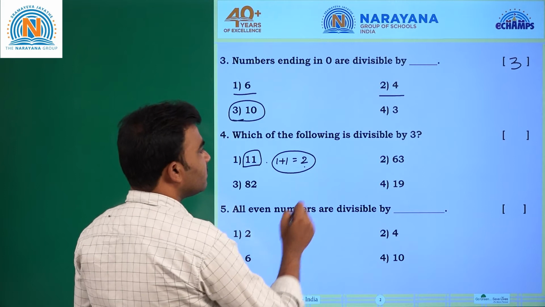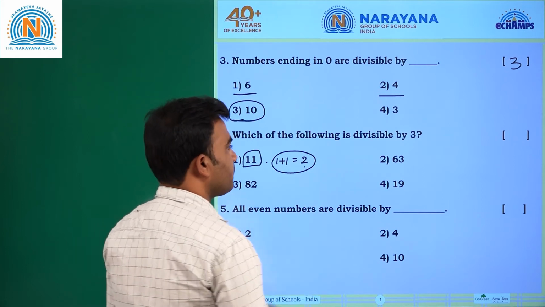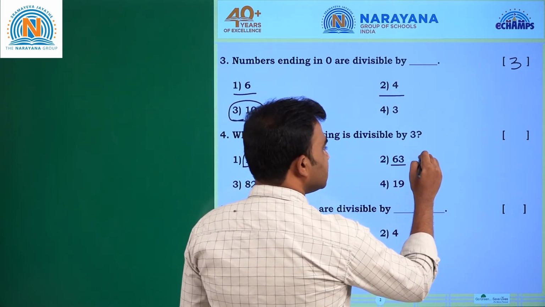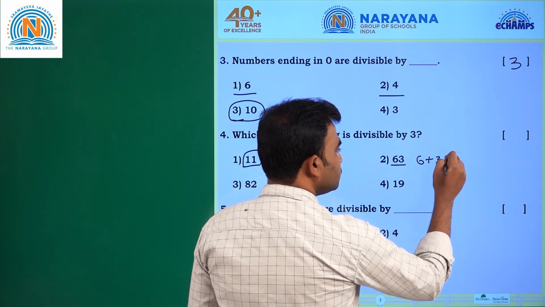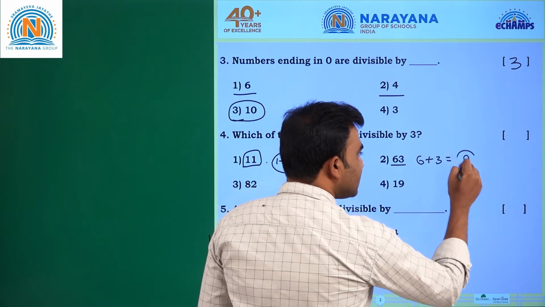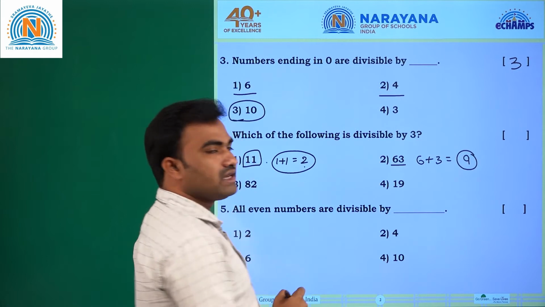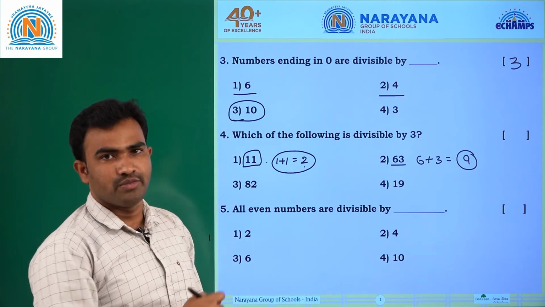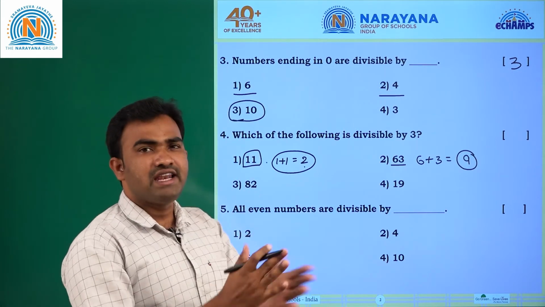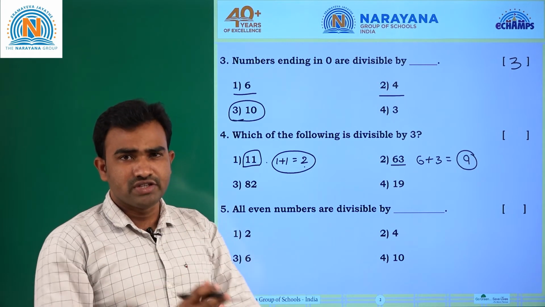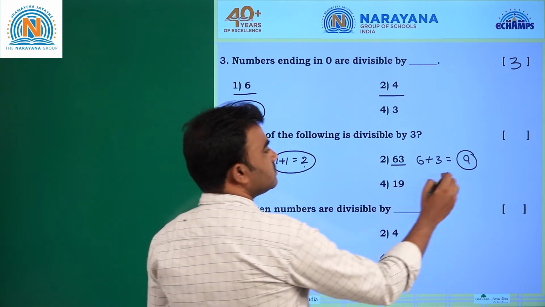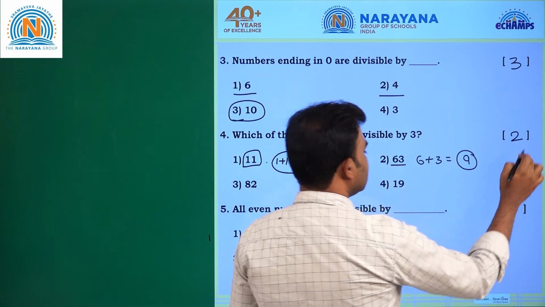Is 2 divisible by 3? No. Next, 6 plus 3 is equal to 9. Is 9 divisible by 3? Yes. 9 is a multiple of 3. As 9 is a multiple of 3, it is divisible by 3. So option 2 is our answer.